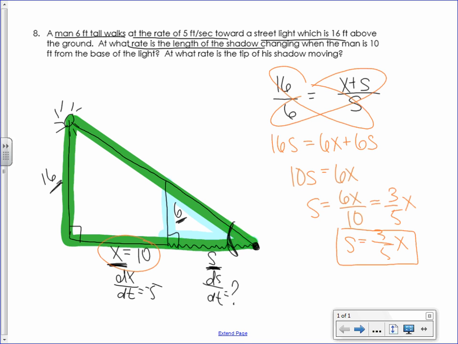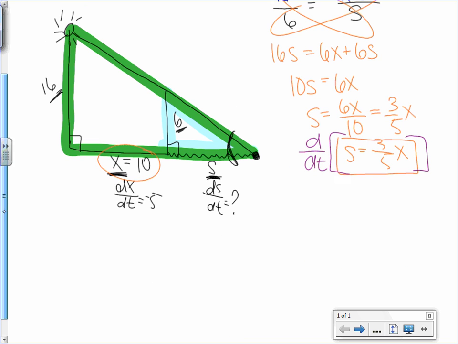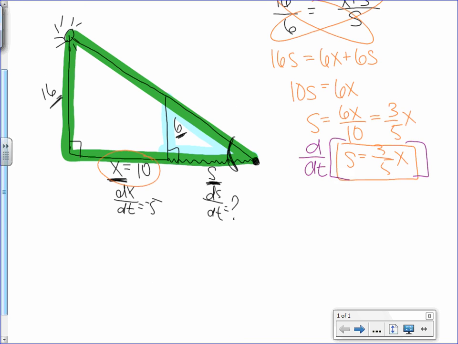So now I can go ahead and take the derivative. And we should see that this derivative is going to be good because here I'm going to get ds dt, which is what I want. Here I'm going to get 3/5 dx dt. That's okay because the problem told me what dx dt was. That was -5.